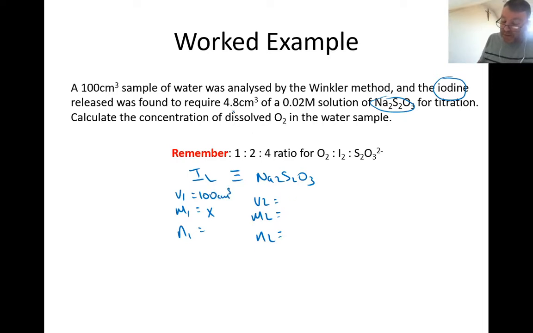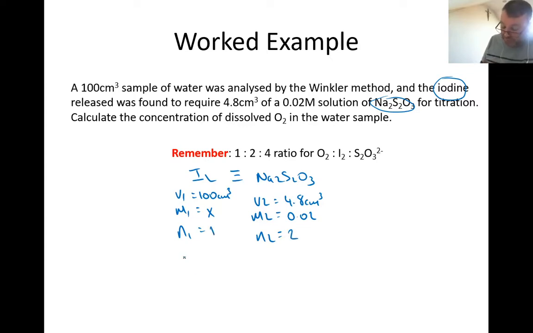Okay, 4.8 centimeters cubed of thiosulfate is V2, and the molarity of the thiosulfate is 0.02. Now, what's my N1 and N2? Look at the two things that you're using, iodine and thiosulfate. So iodine and thiosulfate from here, you'll notice, is a 2 to 4, better known as a 1 to 2 relationship. So the iodine gets a 1 and the thiosulfate gets a 2.